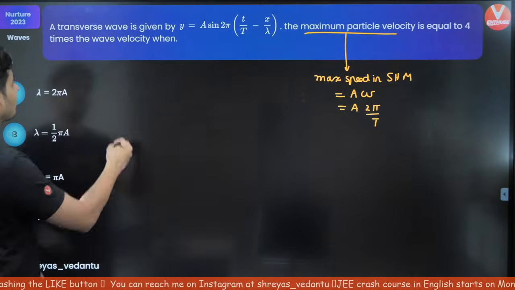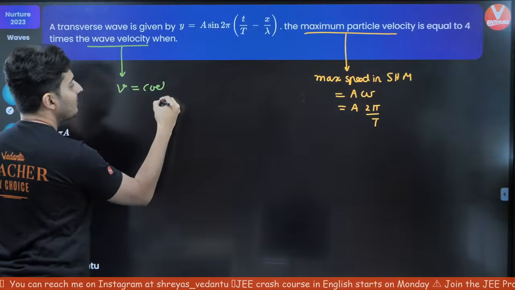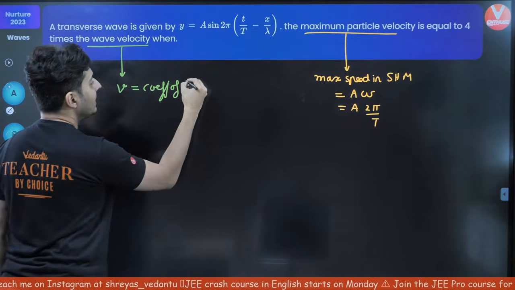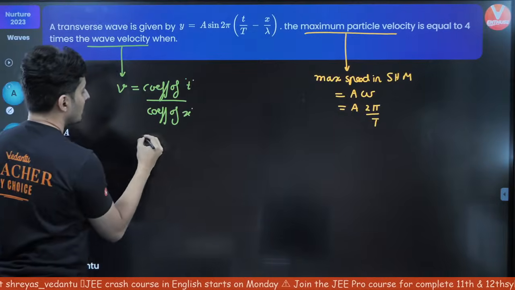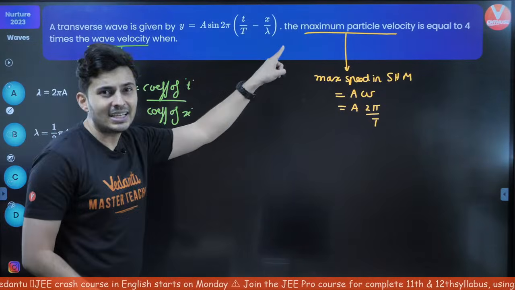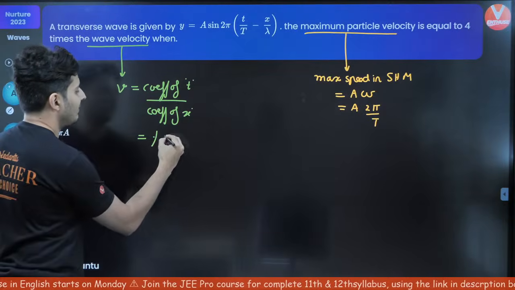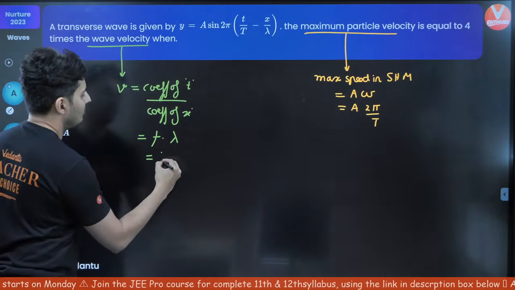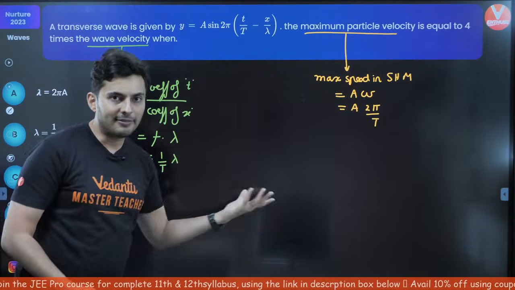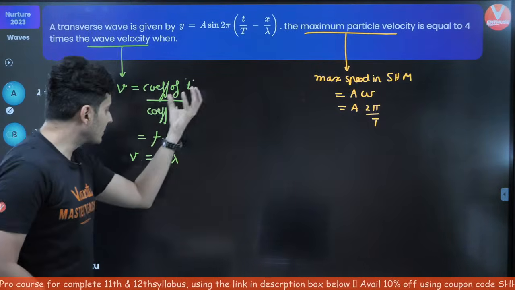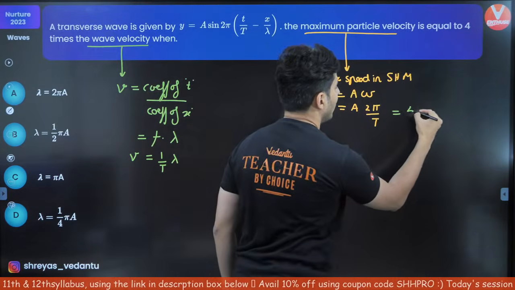Interesting. Wave speed, v, is the coefficient of t upon coefficient of x. Here, oh by the way, lambda, T, everything is given, you know that v is always f into lambda, f is 1 by T, so that is the wave speed, lambda by T. This is 4 times of this. This thing is 4 times of v.